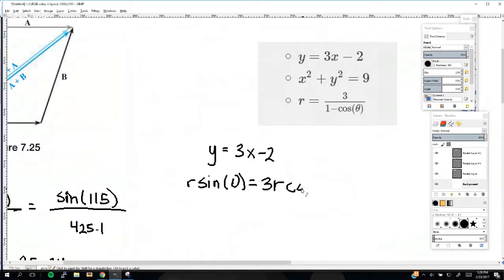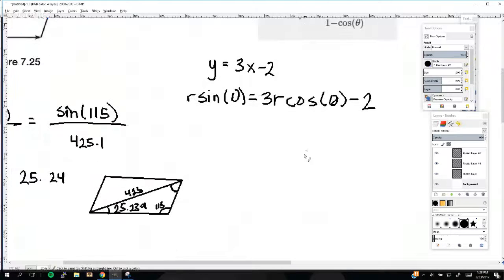R cosine theta minus 2. And then we just do, wait, and then we could, do we add 3r cosine theta to r sine theta? My thing is, how do you get rid of the 3? I don't know. You know what I mean?